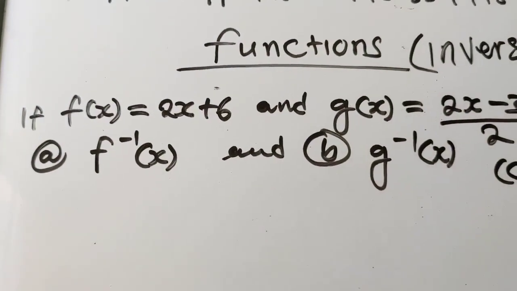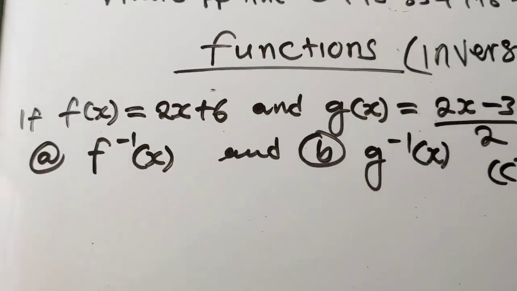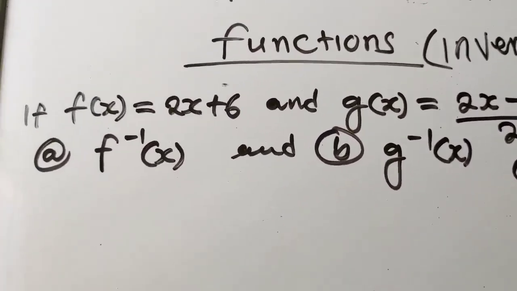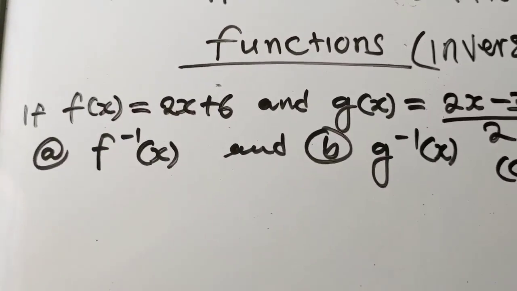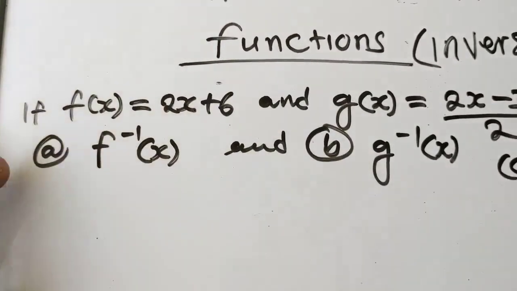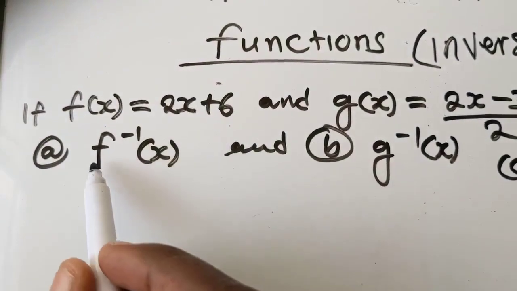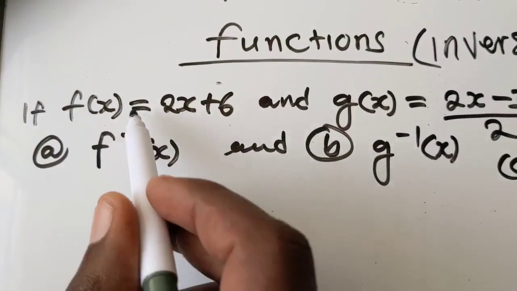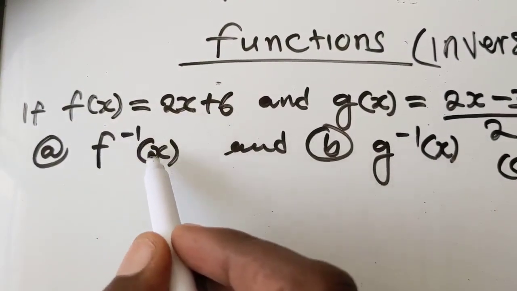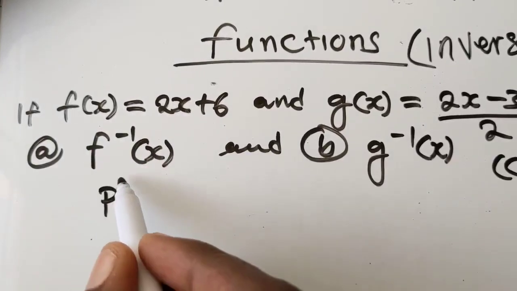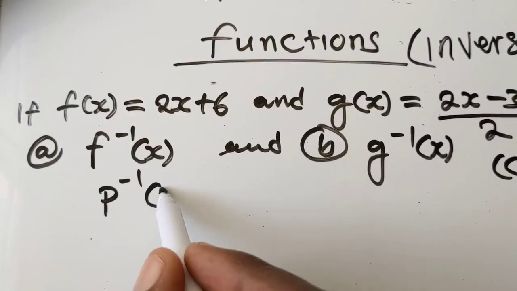So we are talking about inverse functions here. Inverse functions look like this: it is f to the power -1 of x, or it can be p to the power -1 of x, like that.